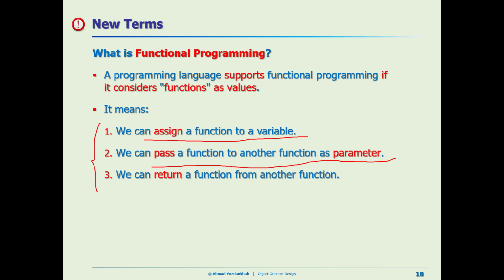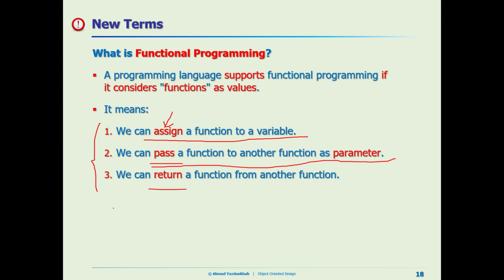For example, in OOP, Java supports all of these three things for objects. We can assign an object to a variable, we can pass it, we can return it, right? All of these three features we have for the object. So that's object-oriented programming.